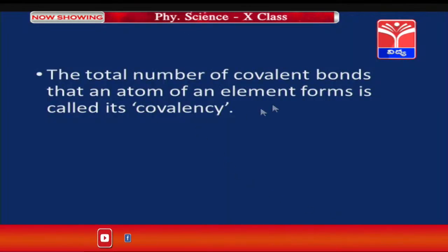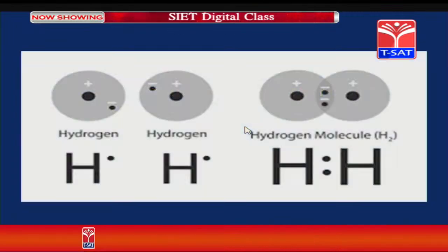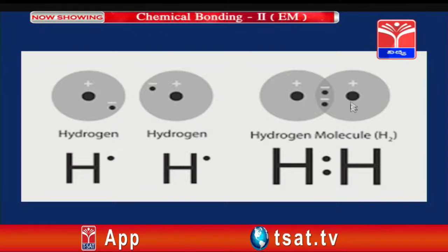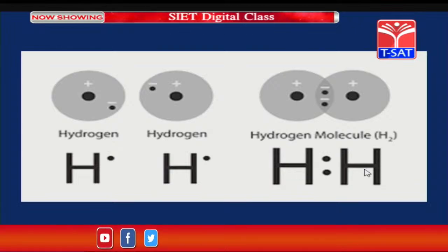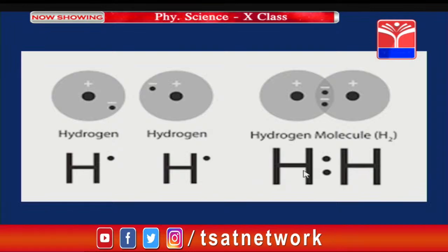So children, the total number of covalent bonds that an atom of an element forms is called covalency. We have seen the formation of a single bond due to the sharing of a single pair of electrons between two hydrogen atoms. So a single bond is formed when one pair of electrons is shared. The hydrogen molecule has a single bond between two hydrogen atoms.